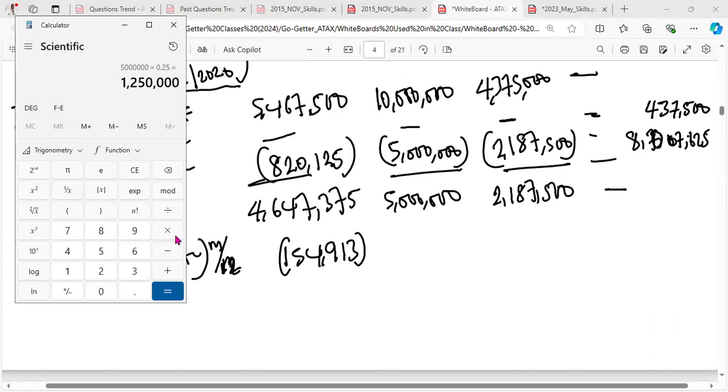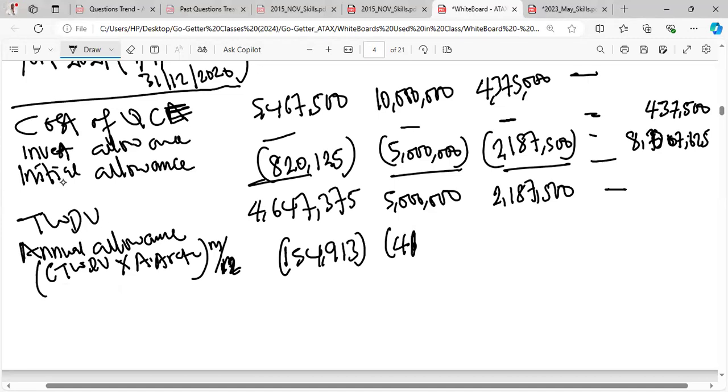This is also used for 4 months, times 4 divided by 12. 416,667.